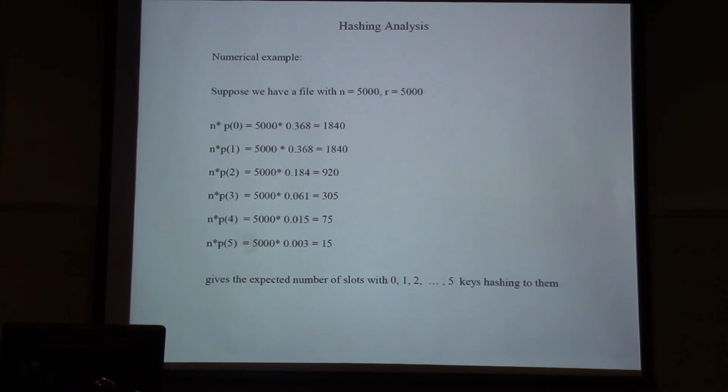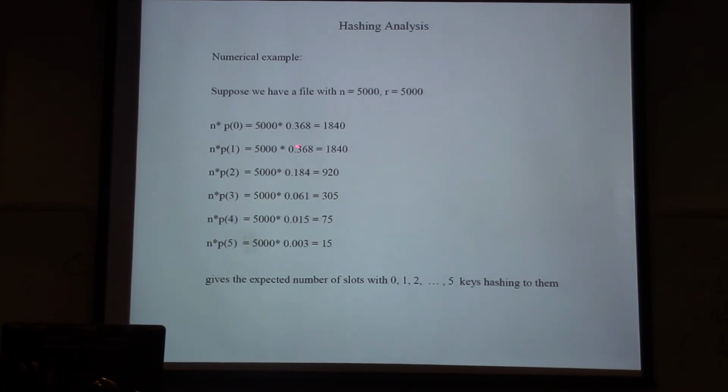Now what I'm doing here is I'm taking probability of 0. This is probability of 0, right? This is N. So what are these records? 1840 will have zero, or will have nothing. We don't anticipate collisions. Now we take these, which will have nothing going to them.